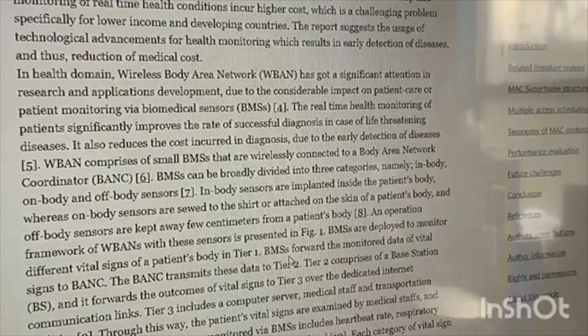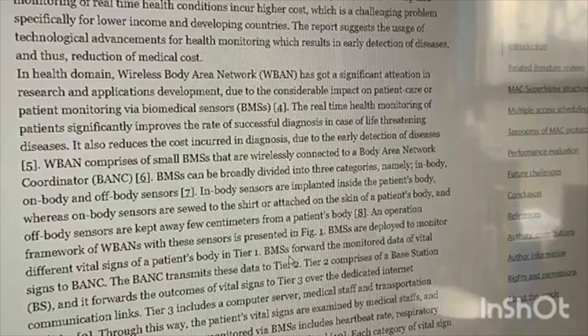In-body sensors are implanted inside the patient's body, whereas on-body sensors are sewed to the shirt or attached on the skin of a patient's body, and off-body sensors are kept a few centimeters away from a patient's body. An operation framework of WBANs with these sensors is presented in Figure 1.